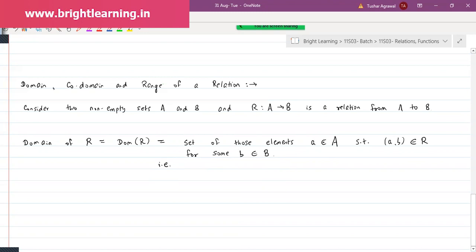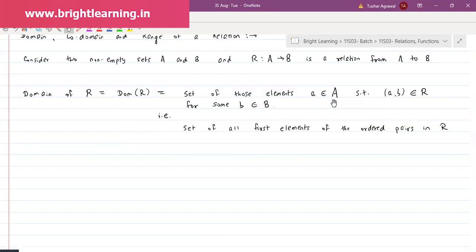It should form a pairing with some element of B. So it is the set of all first elements of the ordered pairs in R. This is the rough definition.